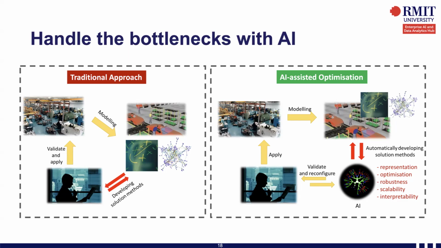My focus is to build a framework, to build a system in which this evolutionary computation AI can work with the models back and forth, receive feedback, and try to come up with a solution method. It can be in the form of heuristics, or it can be one of the three approaches that I mentioned in previous slides.